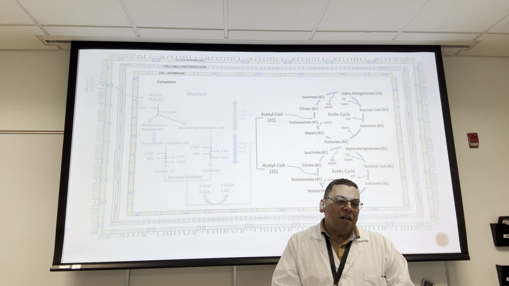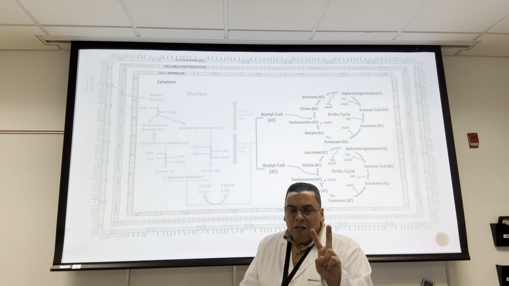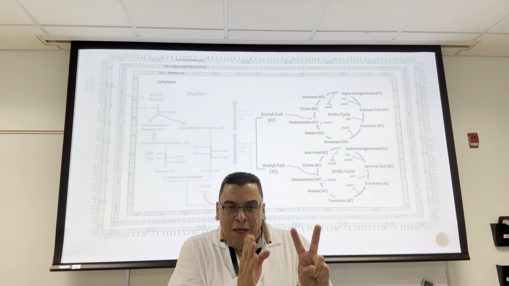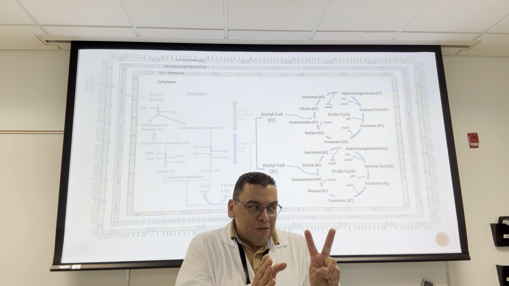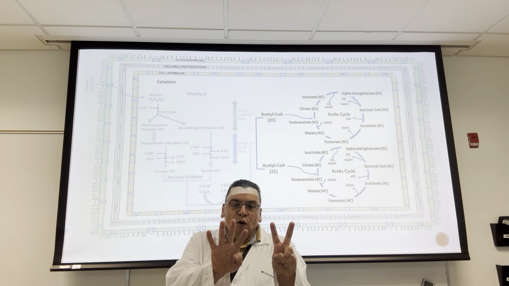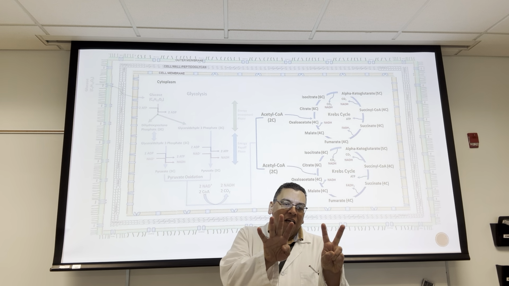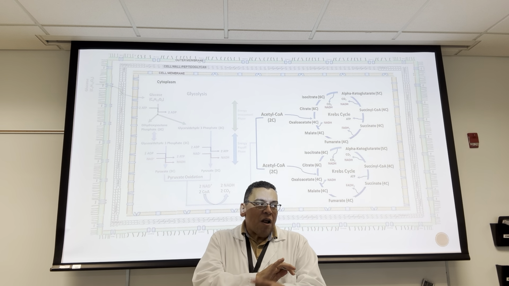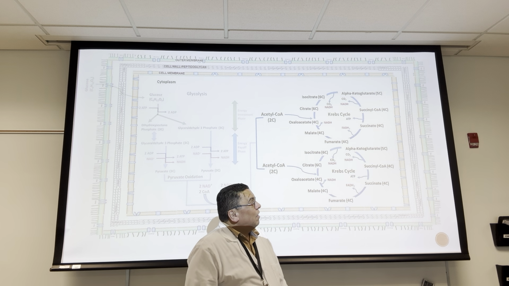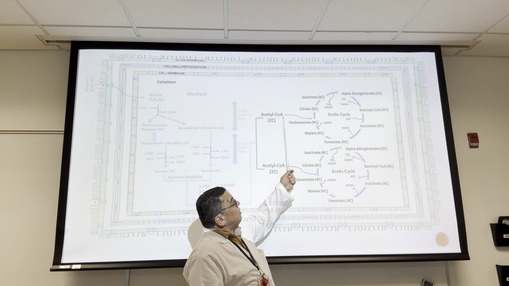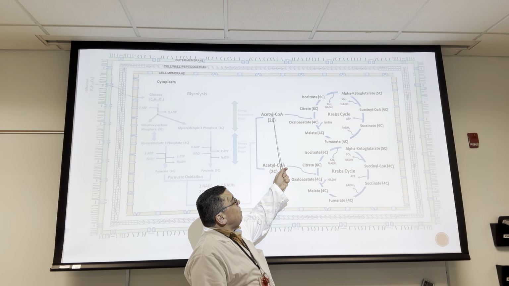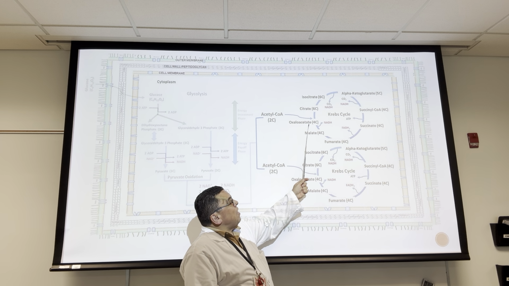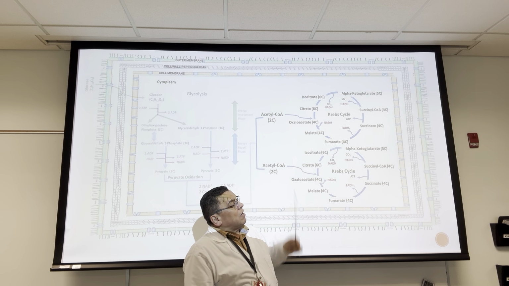The 2 carbon of acetyl-CoA will combine with the 4 carbon of oxaloacetate to make the 6 carbon citrate. That's what I'm saying. The way this is drawn, it's showing you that the acetyl-CoA will combine with oxaloacetate to make citrate.